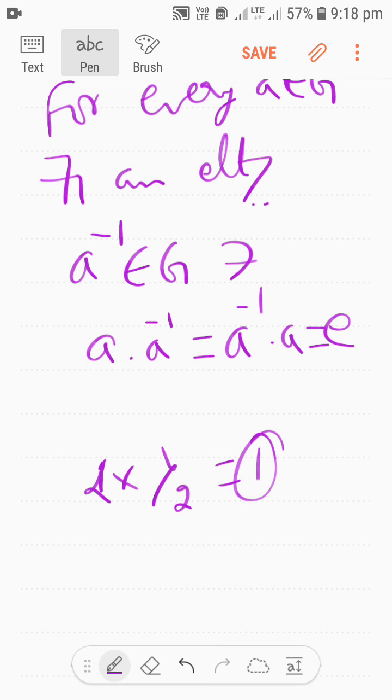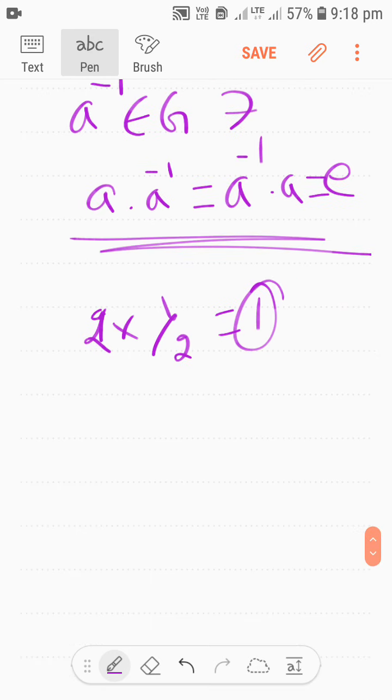Here 1 is the multiplicative identity. If you multiply any number with its reciprocal, you get the identity element, that means 1. So this is existence of inverse, and this a inverse is called the inverse of a. Here the inverse of 2 is 1 by 2. So all these four conditions should be satisfied, then that set G is said to be a group.